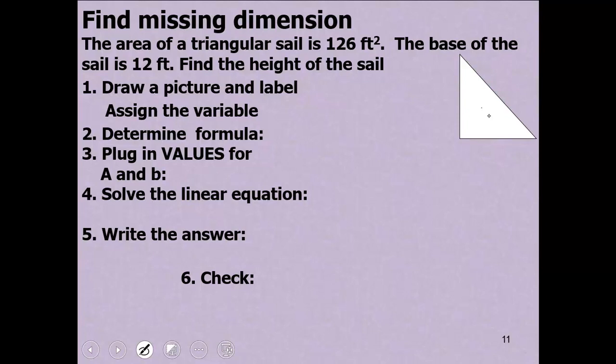The base is 12 feet, okay? I don't know the height, but I know that the area is equal to 126 feet. So I'm looking for h. H is equal to the height.